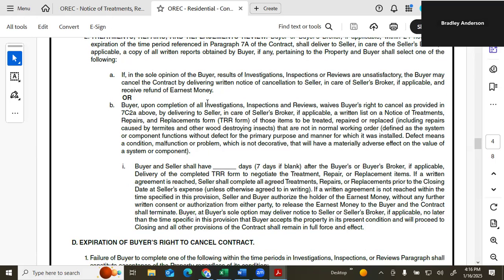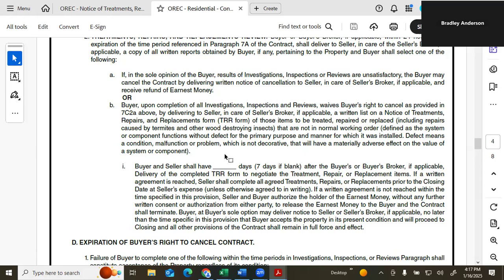buyer, upon completion of all investigations, inspections, and reviews, waives the buyer's right to cancel in 7C2A above by delivering to seller in care of seller's broker, if applicable, a written list of all the TRRs that they want fixed, okay? Including repairs caused by termites and other wood-destroying insects that are not in normal working order.